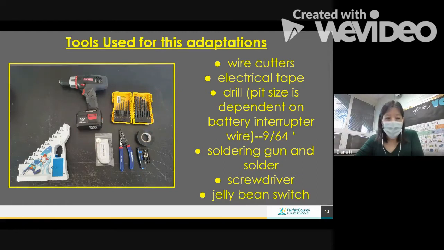For this adaptation, we used a wire cutter, electrical tape, a drill, and for this toy, we used a bit size of 9/64 inch. But this size can also vary depending on the type of battery interrupter that you are using. You will also use a soldering gun and solder, a screwdriver, and a jelly bean switch.